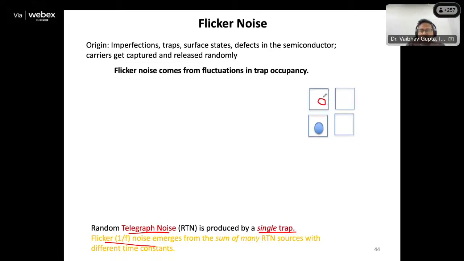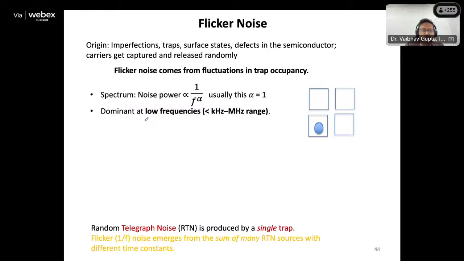If you go to higher frequencies, the changes happening do not contribute to the noise because you are working at very small time scales. If you go to gigahertz frequencies, there is very little flicker noise or telegraph noise. So this kind of noise is frequency dependent.